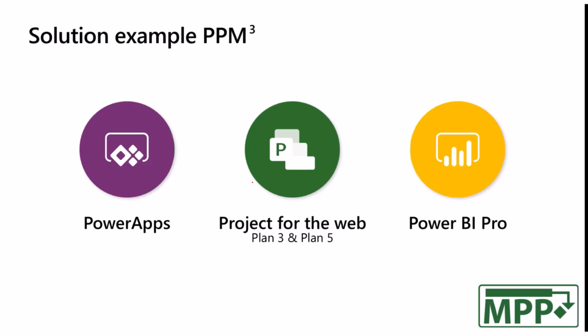Let's continue to take advantage of what we get out of Project Online, which is the ability to have a repository of projects. We still get to use Project on the desktop, and we still get to use all the resource management capabilities.